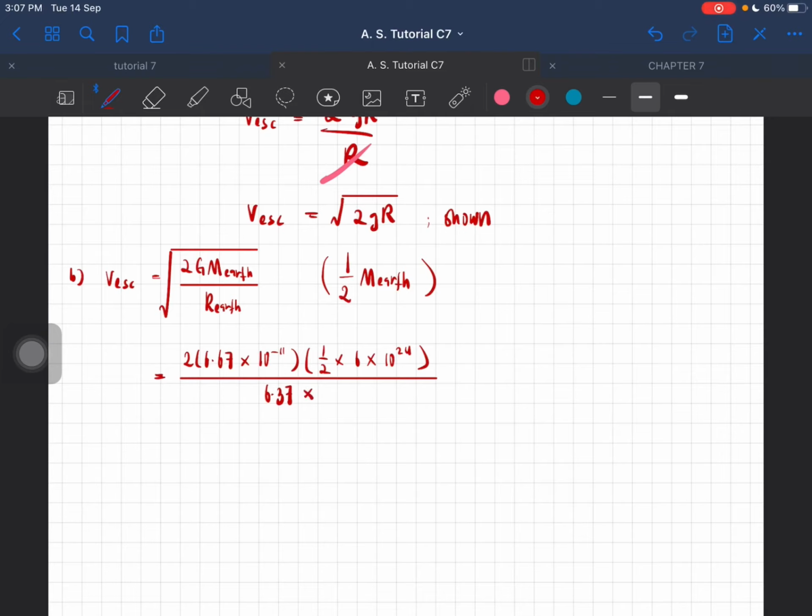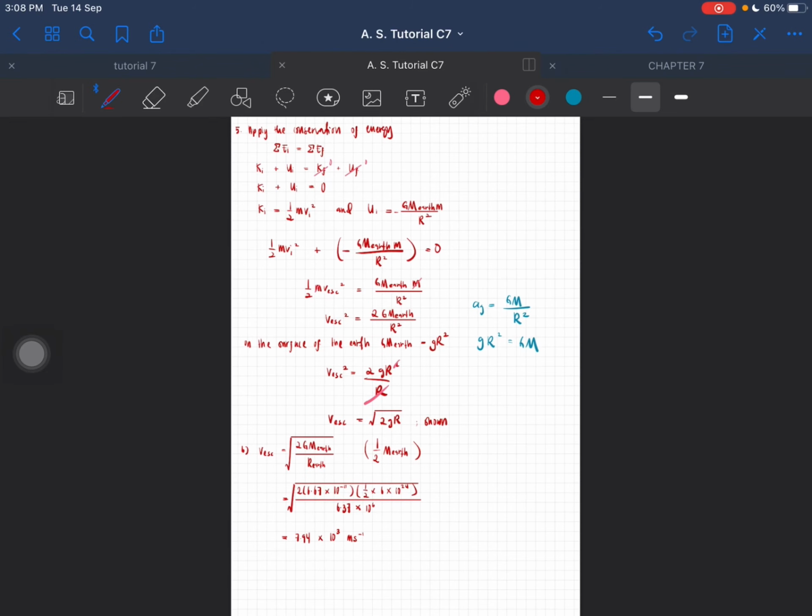Square root this, and you should get the escape velocity to be equal to 7.94 times 10 to the power of 3 meters per second. Alright, so that is the solution for question number 5.